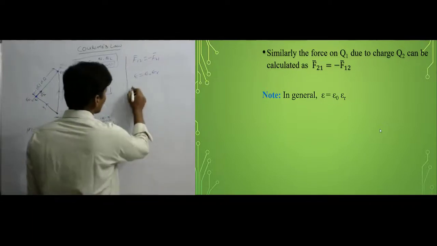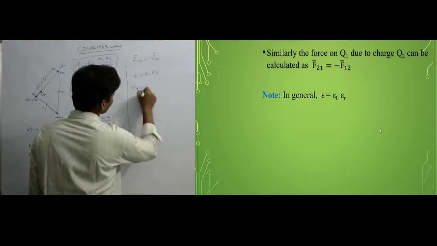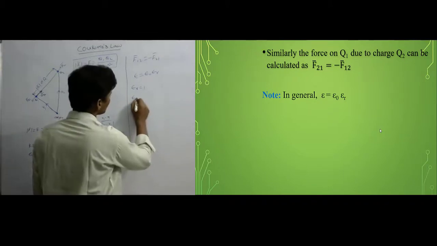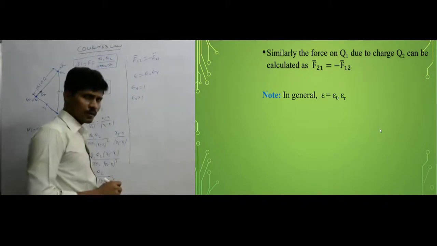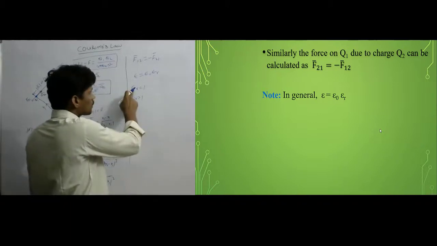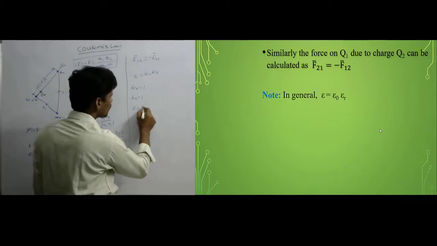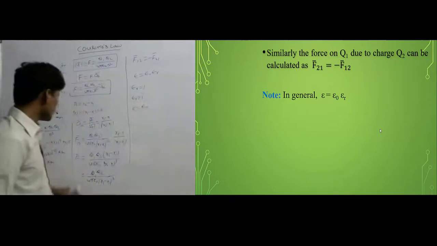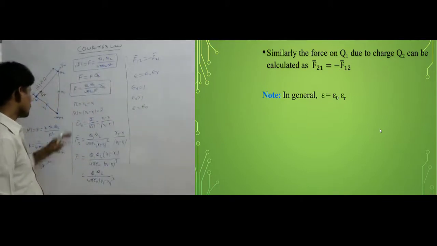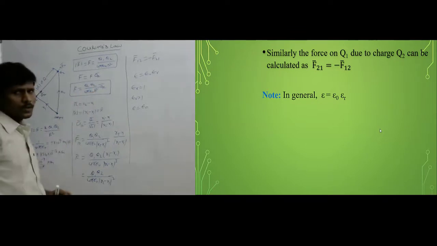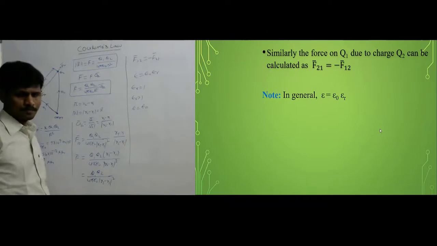For free space or vacuum, the value of relative permittivity is 1. In any other medium, the value of the relative permittivity is greater than 1. Substituting epsilon r equal to 1 for free space, epsilon is equal to epsilon naught. So therefore, F bar is equal to Q1 Q2 by 4 pi epsilon r square into ar bar.